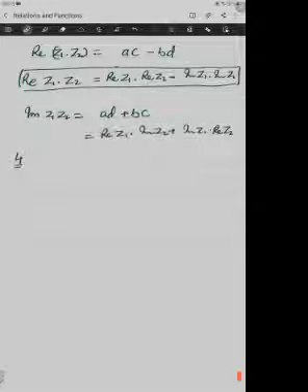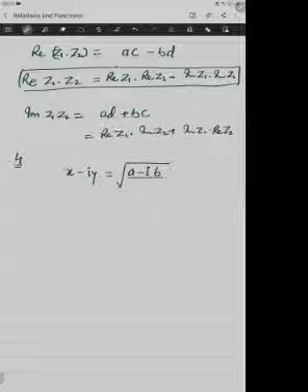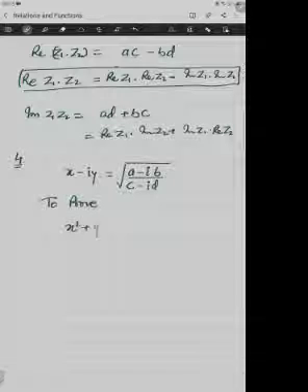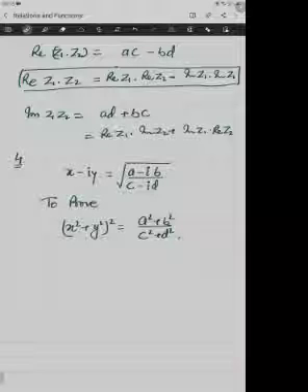So fourth is x minus iy equals square root of a minus ib upon c minus id, to prove x square plus y square whole square equals a square plus b square upon c square plus d square. Anybody could try? Then please.